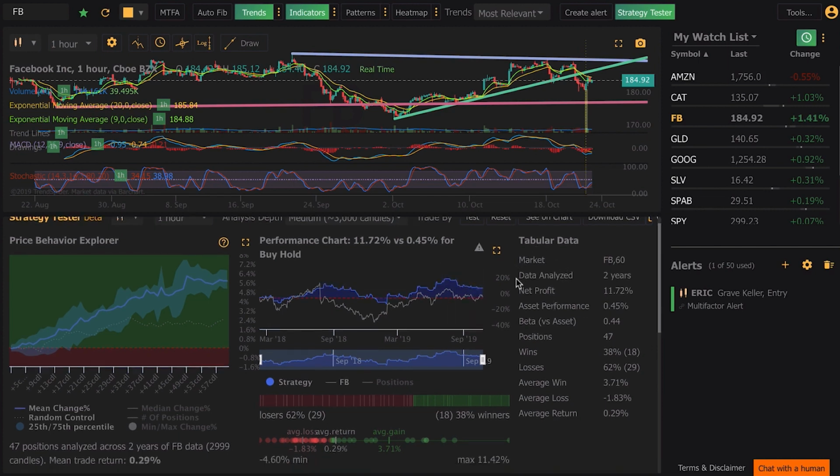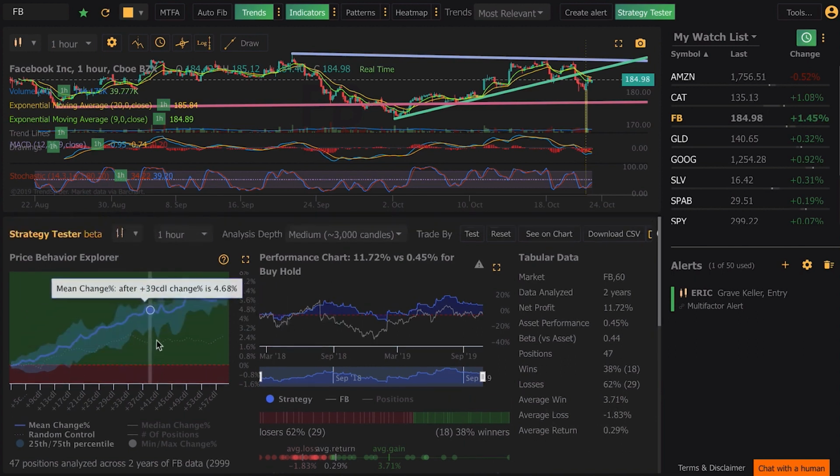You can see here in the tabular data on the right, we've got some repetitive statistics, but you've also got your asset performance, beta versus asset positions. You've got the number of winning trades, so 18 or 38%. Number of losing trades, 62% or 29. Average winning trade was positive 3.71%. Average losing trade was negative 1.82%, giving us that average return.